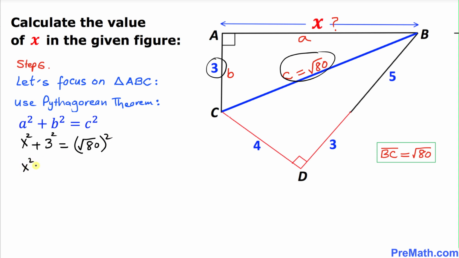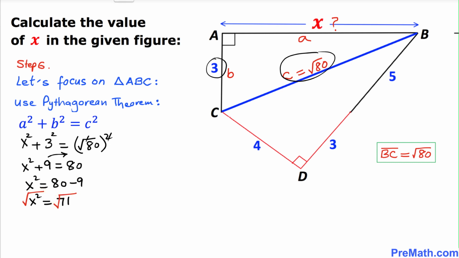So x squared plus 3 squared is 9, and here the square and square root are gone, so we end up with 80. Let's move this 9 to the other side to isolate x squared. So x squared is going to become 80 minus 9, which is 71.